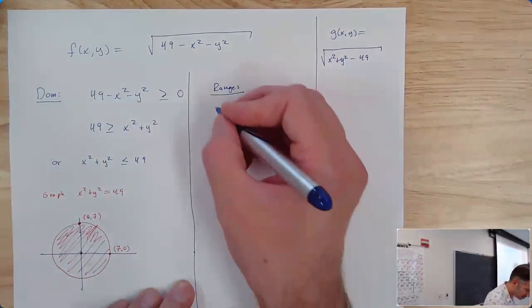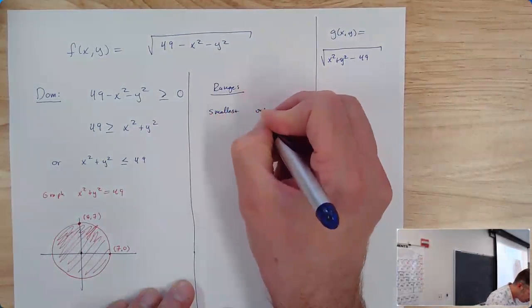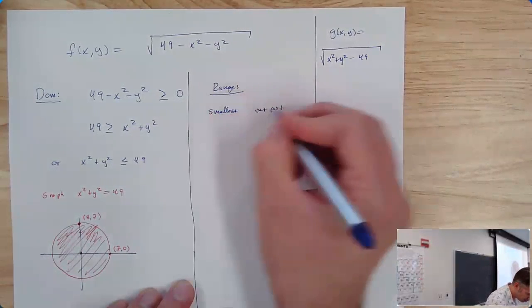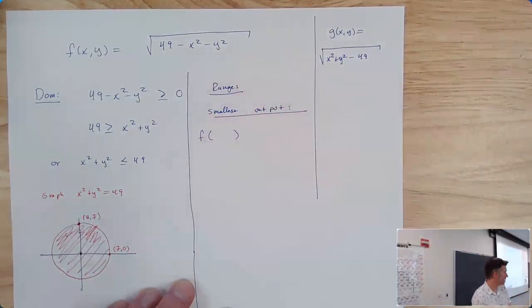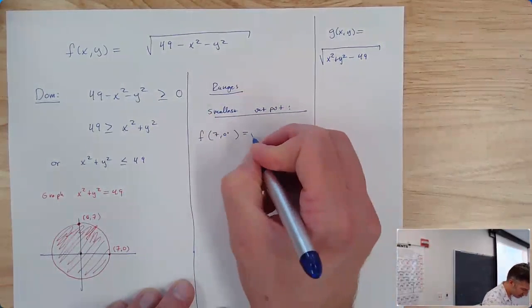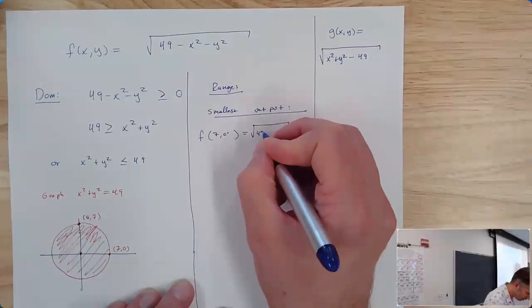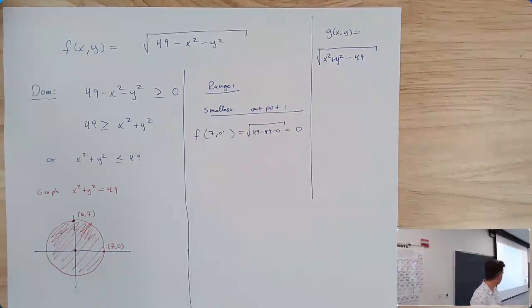So the smallest output is going to be f of, there's lots of different ways you can get there, I'm going to make up one of them, f of 7 comma 0. That's going to be the square root of 49 minus 0, which is 0. That's the smallest thing I can get.